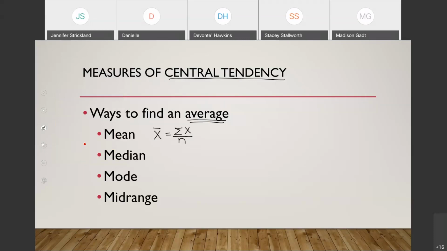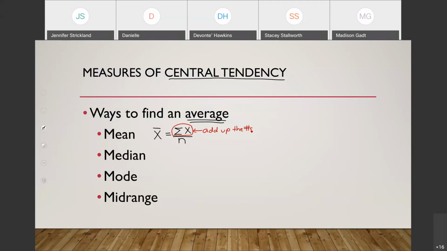So all that part of the formula is telling you to do is add up your numbers. The numbers are going to be your x's, and it's just saying add them up, just like you guys just told me.